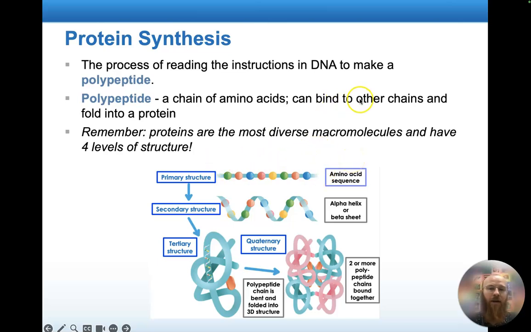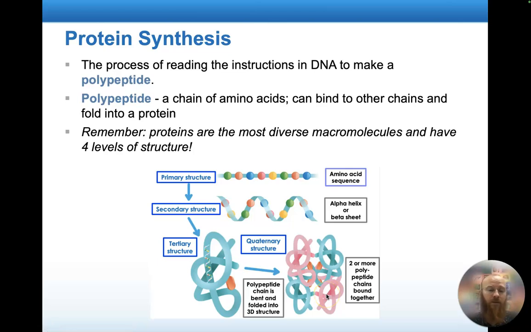And it's important to note that these polypeptides can bind to other chains. Once they bind to other polypeptides, they can be folded into a three-dimensional structure. Those three-dimensional structures come together in this fourth level, a really intricate structure, and that is what we're actually talking about when we say protein. So two or more polypeptides folded and bound together is what we would call a protein.